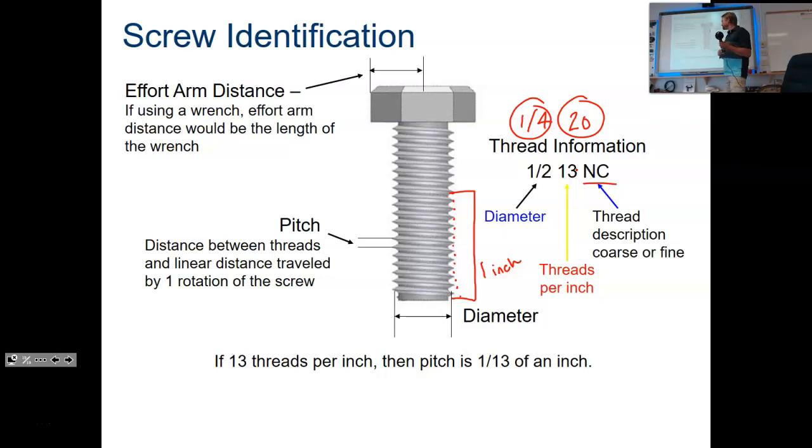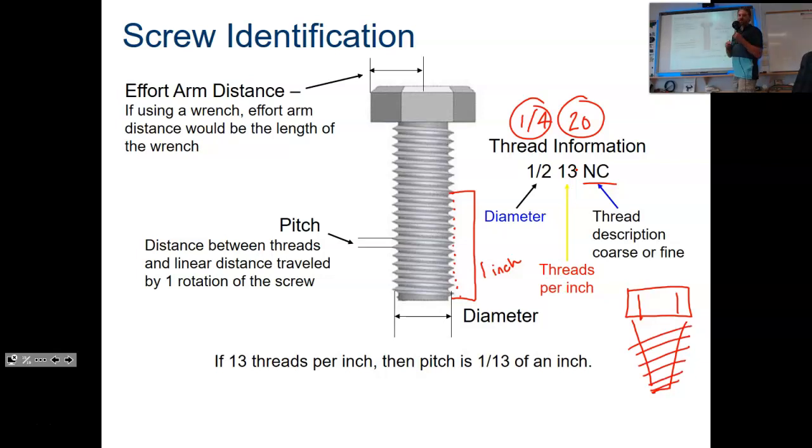The NC, I don't exactly know how different types of threads work. I do know that there's one called NPT, which is a pipe thread, and that would mean that this screw would actually taper. So instead of it being straight, your bolt would look like this. So as you screwed the thing in, it would get tighter inside of the tube.